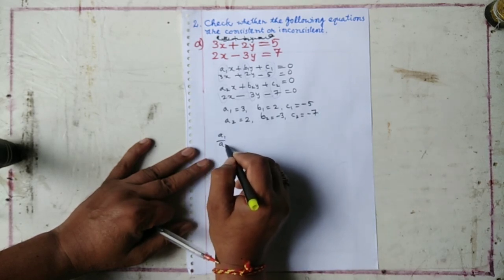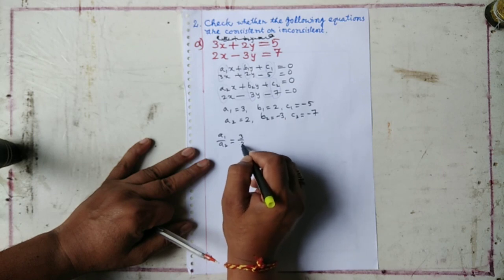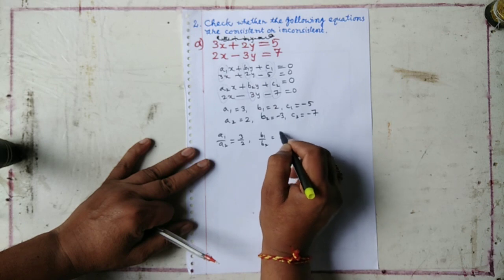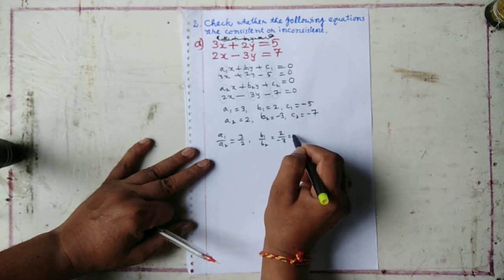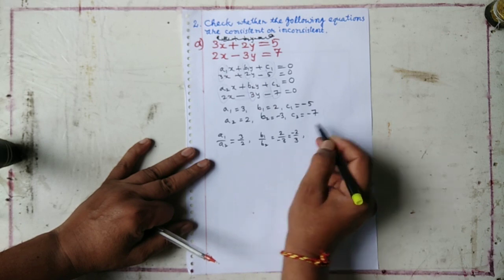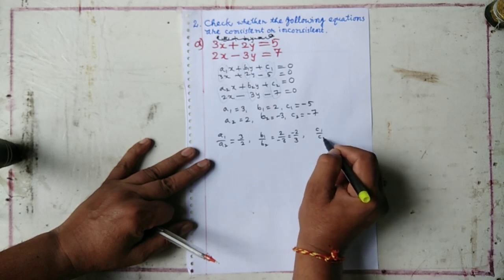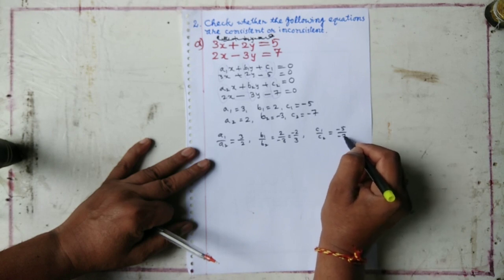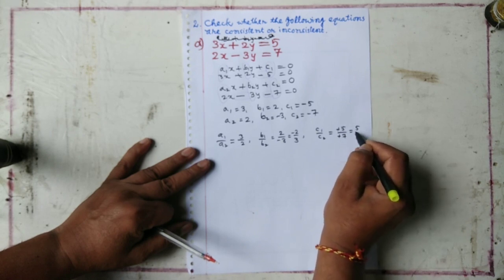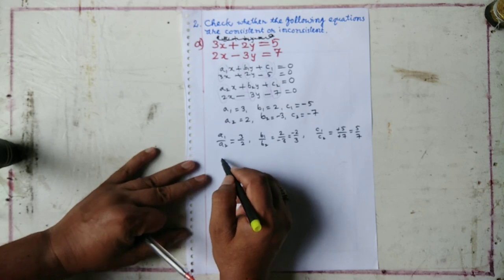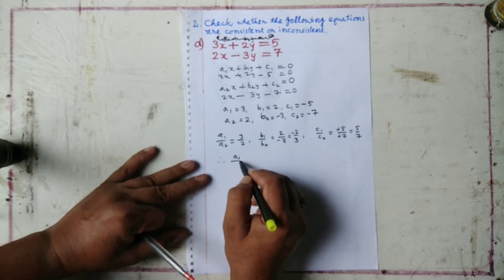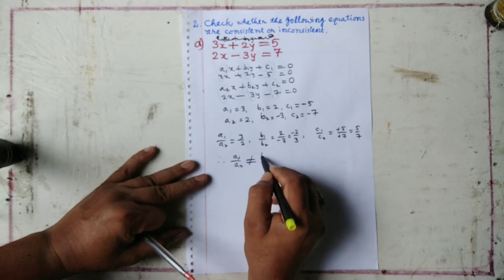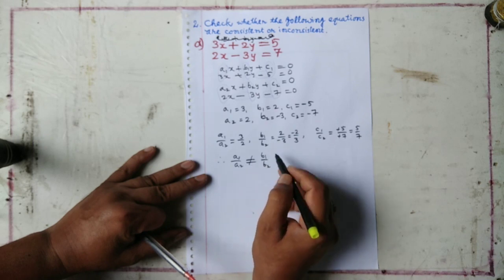a1 by a2, first 3 by 2. b1 by b2, 2 by minus 3, that is equal to minus 2 by 3. c1 by c2 is equal to minus 5 by minus 7, that is equal to 5 by 7. Therefore a1 by a2 is not equal to b1 by b2.